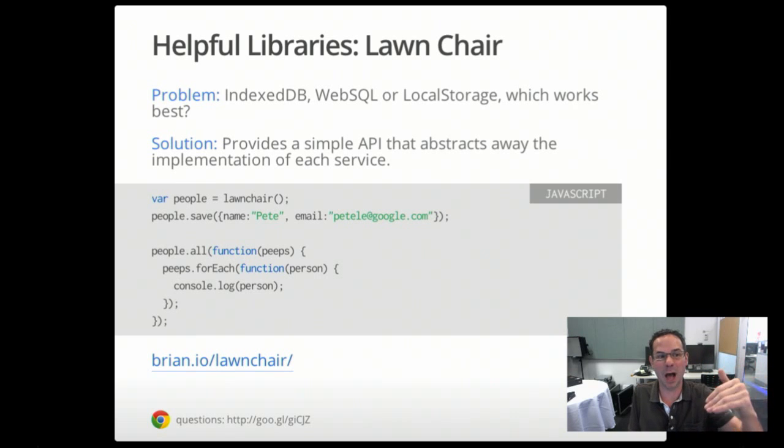And if I don't have that, I'm going to fall back to something completely different. So it gives you a really nice fallback, an ability to specify your preferred order on which way things fall back. That's one of the things I really like about it, in that it gives you that easy fallback ability. And it abstracts away all of the implementation details for each of the services.